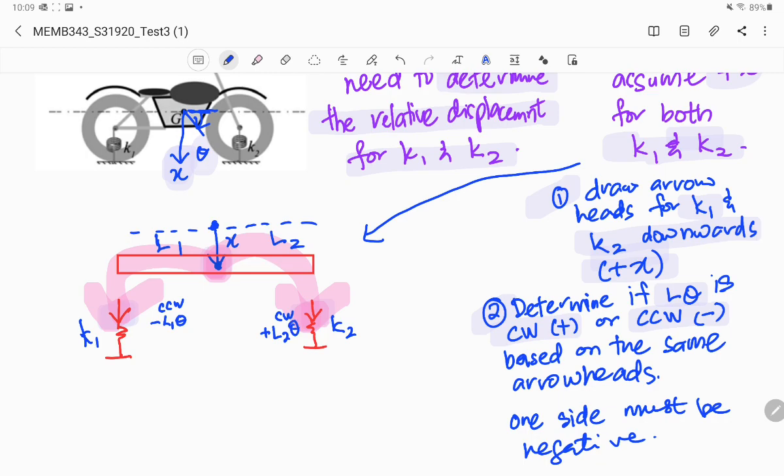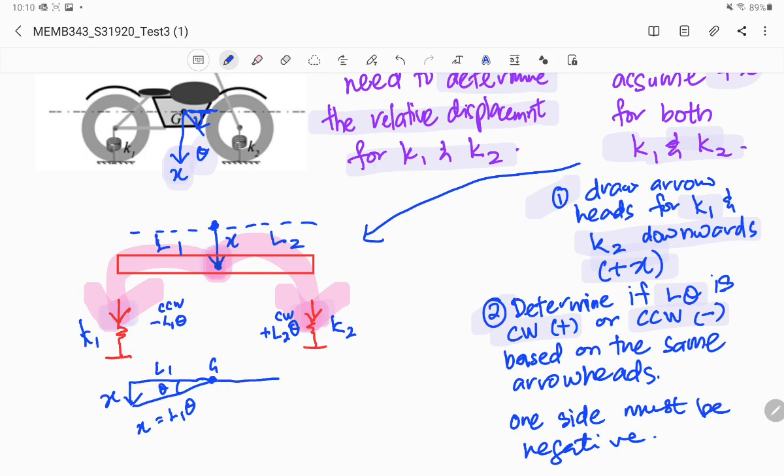How do I get L1 theta and L2 theta? If I draw a small triangle from this point G, it looks like this. This is your x, this is your theta, and this is your L1. So your x for the rotational part is equal to L1 theta.